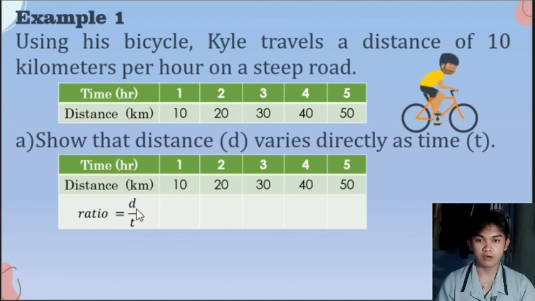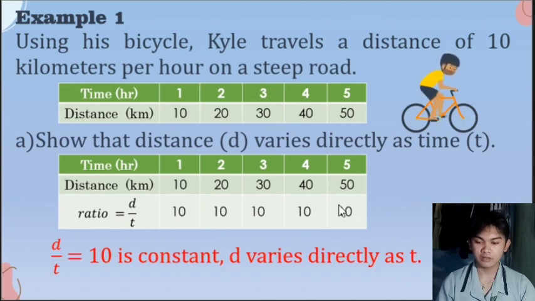So 10 over 1 is equal to 10. For the second one, d is equal to 20 over t, which is 2. 20 over 2 is 10. 30 over 3 is 10. 40 over 4 is 10. 50 over 5 is 10.